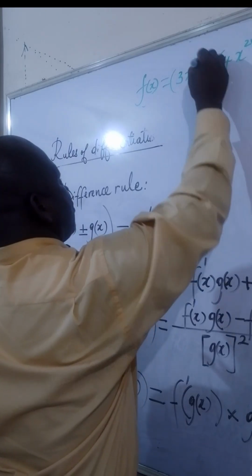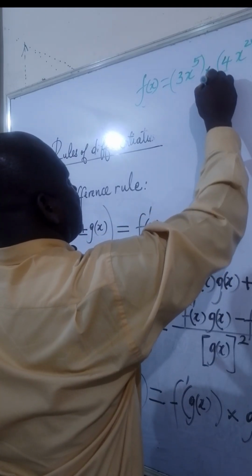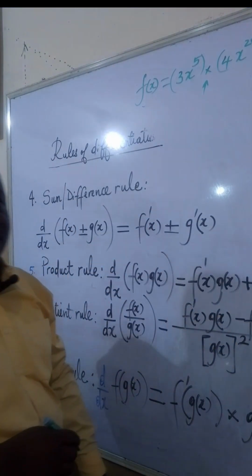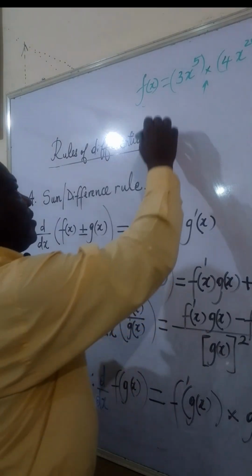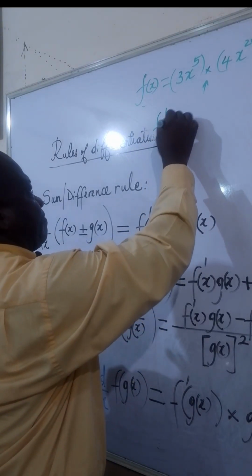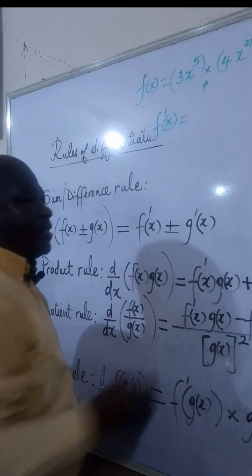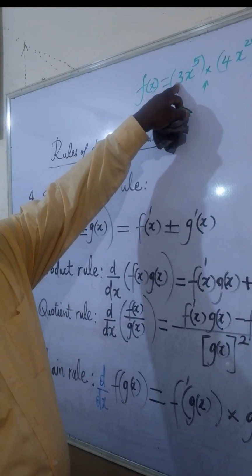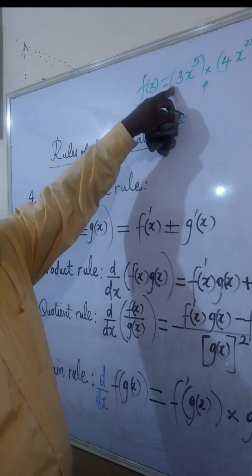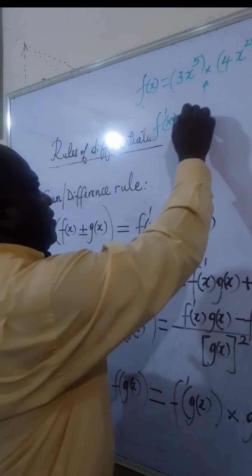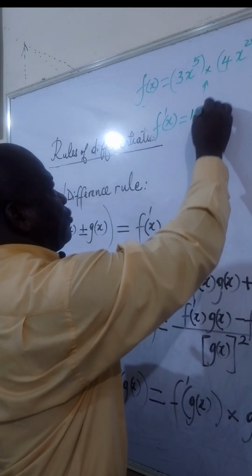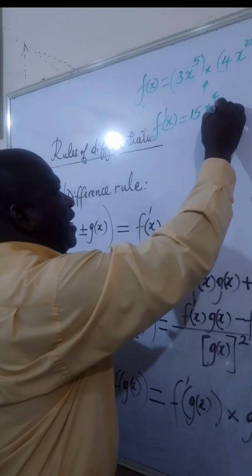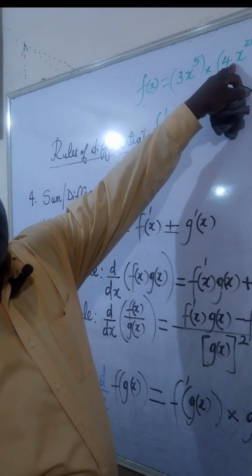So this is a product of two functions. How do you get f prime of x? You are going to differentiate the first function. That's 3 times 5 using power rule, which is 15x raised to power 4 times the second function.